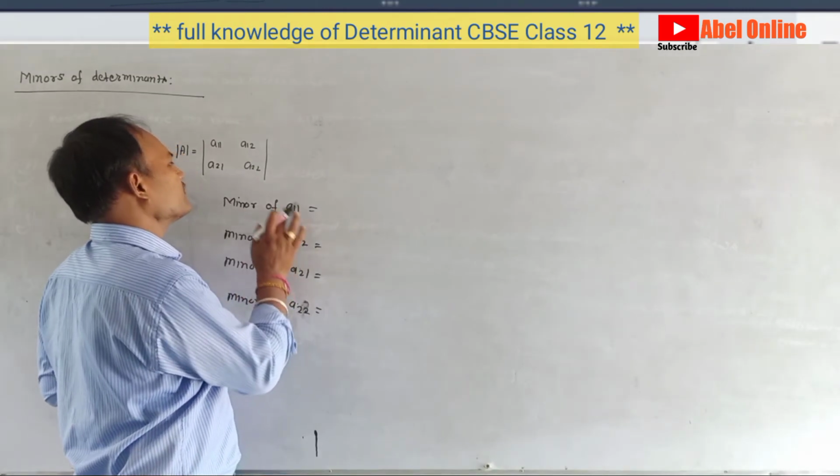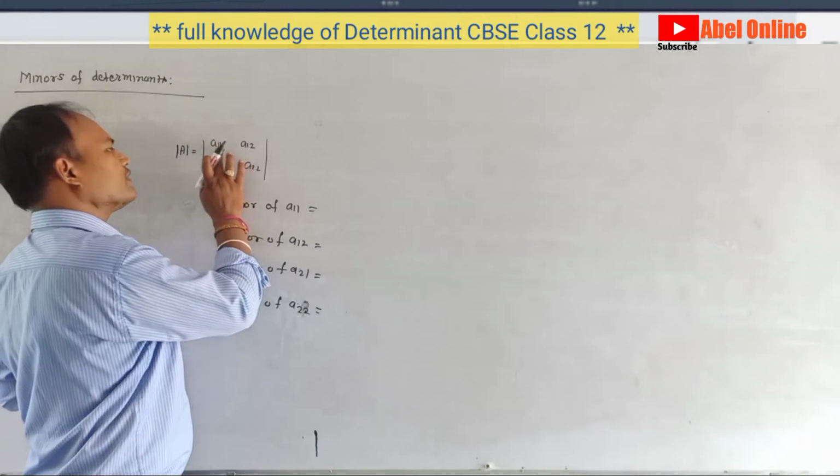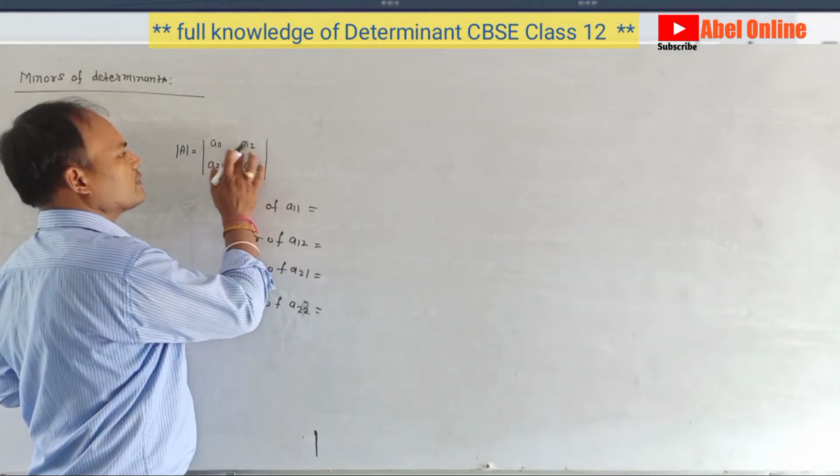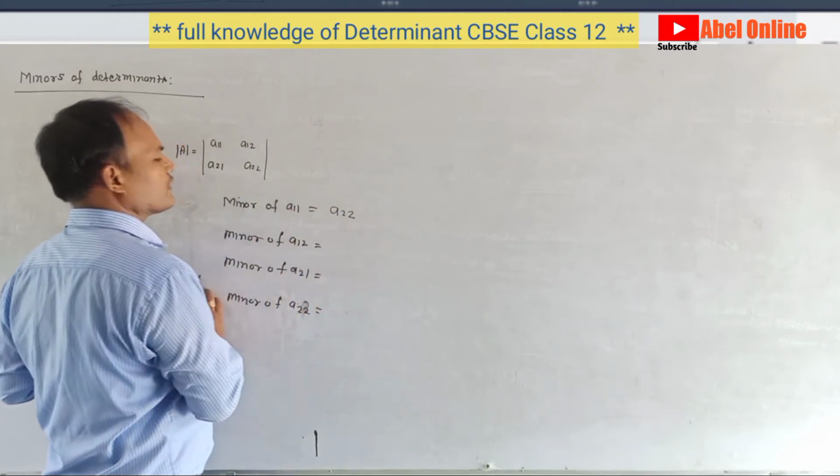To find the minor of A11, just eliminate the first row and first column, so the remaining part is A22. So it is the minor of A11.